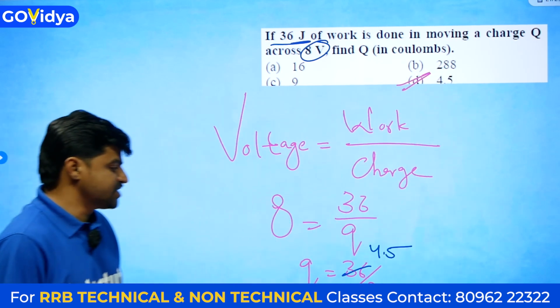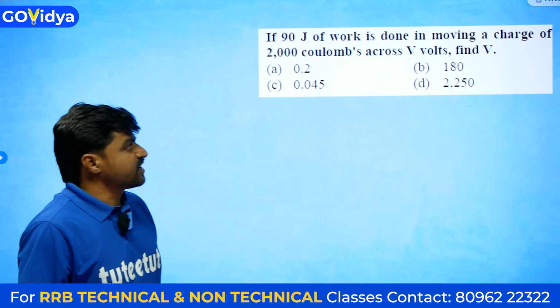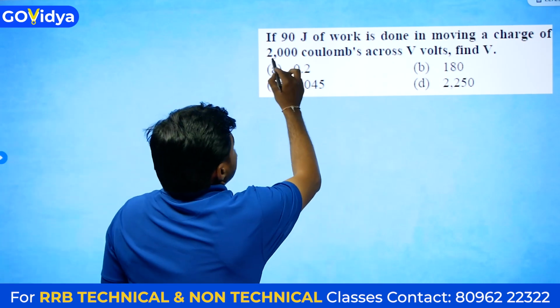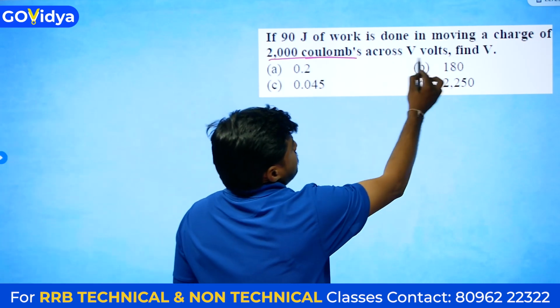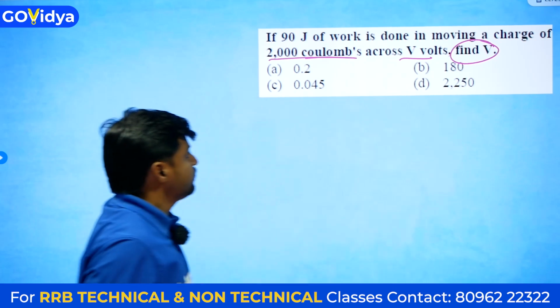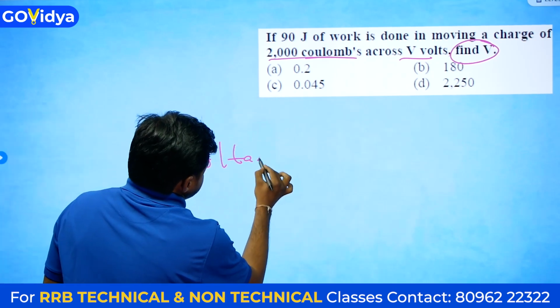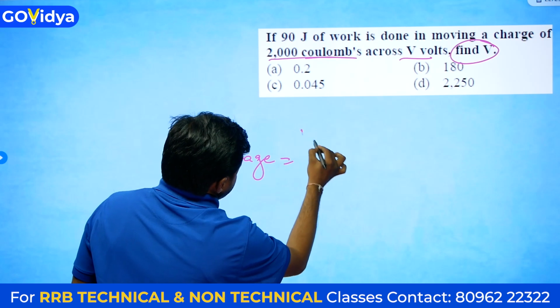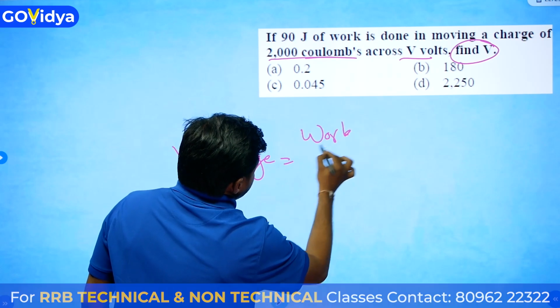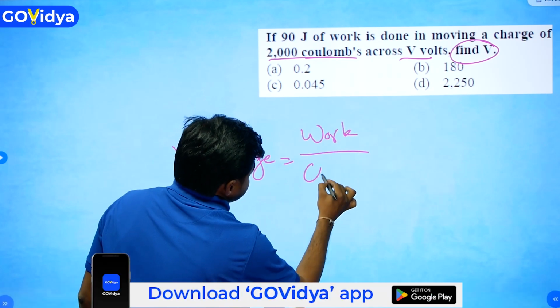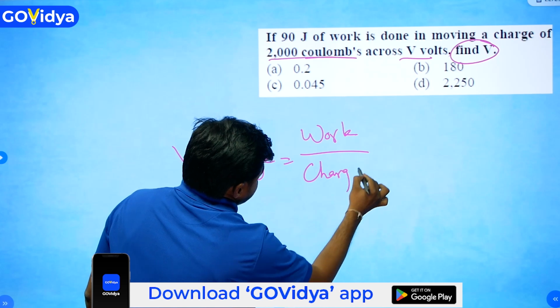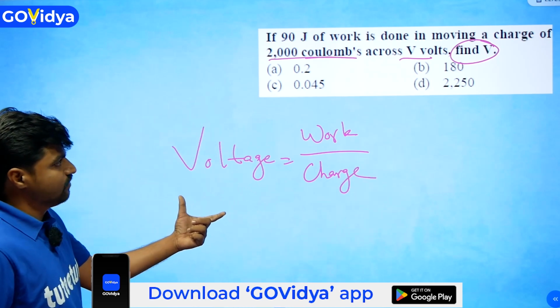Okay, next question. If 90 joules of work is done in moving a charge of 2000 coulombs across V volts, find V. Okay, we know that voltage is work by charge. We have to find voltage.